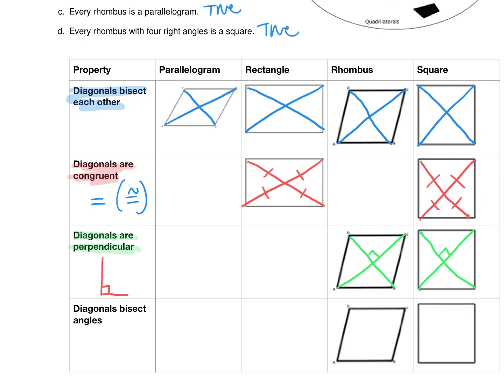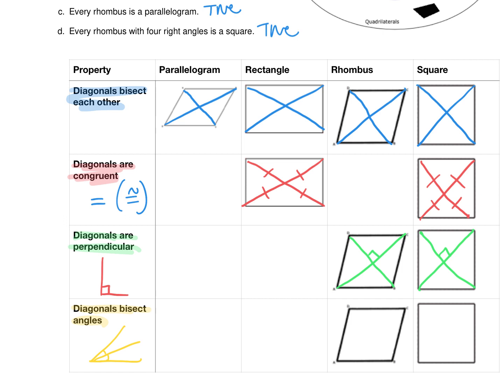The last feature that we're going to talk about is that these particular quadrilaterals have diagonals that bisect angles, okay? Which means that they have diagonals that cut the angles into equal parts. So bisecting angles is cutting them into equal parts. It would look something like this, where you have two angles and they have two markings to show that they got bisected into two equal parts.